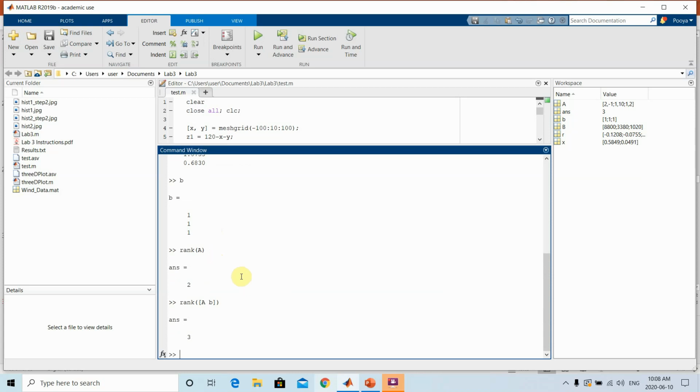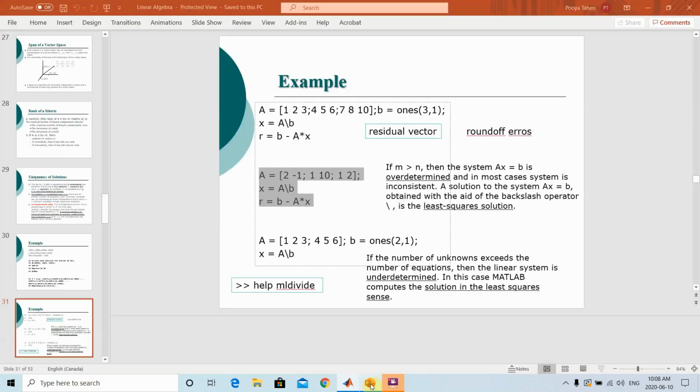That's why I mentioned that when you use tools, you have to be careful. You have to know what you're doing. We call this system an overdetermined system. It means that we have 3 rows and 2 columns. We have 3 equations and 2 unknowns, right?